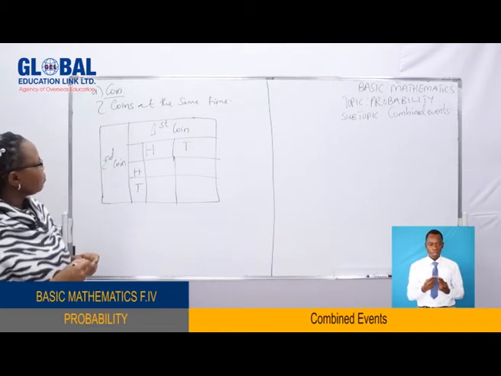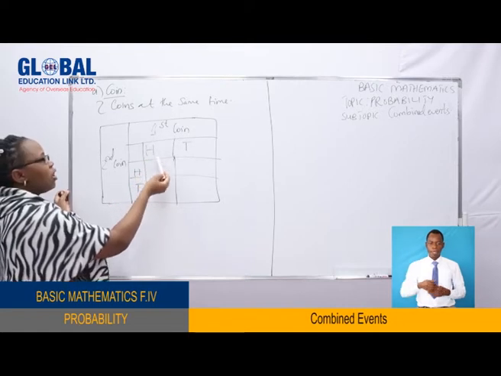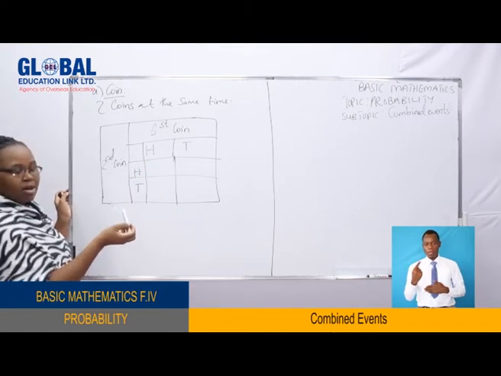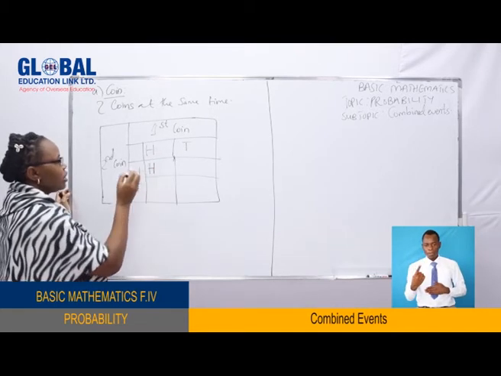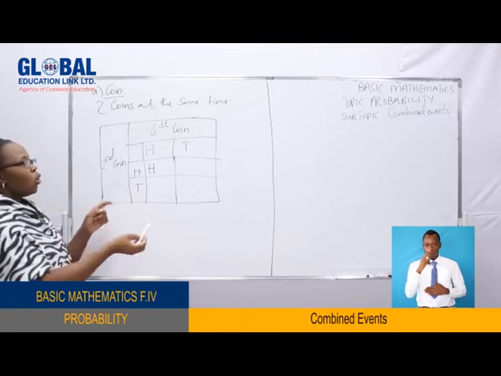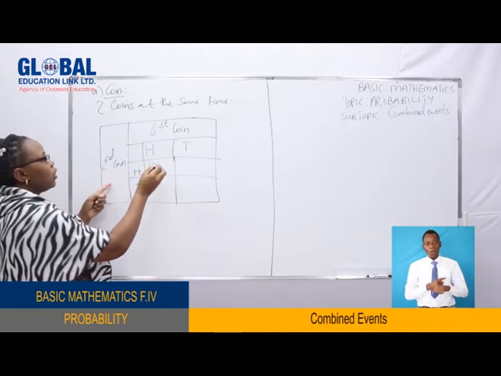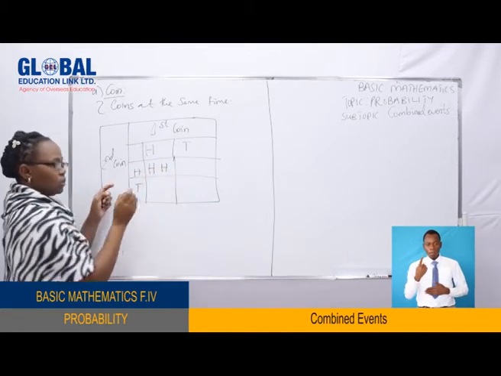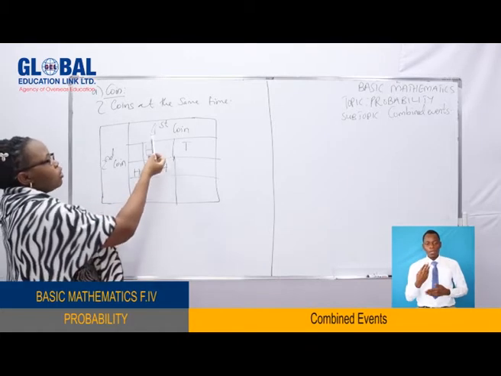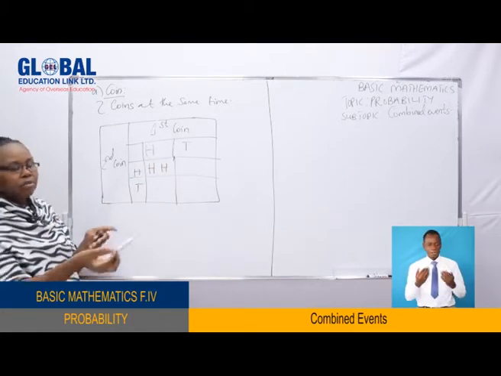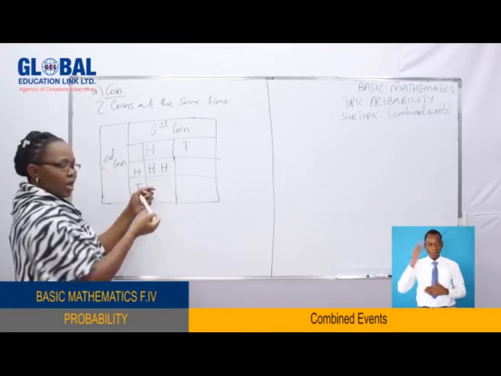The result: the first coin may show head. Then we say the first coin shows head. But when the first coin shows head, the second coin may show head also. So when you throw the two coins at the same time, the first coin shows head and the second coin also shows head.